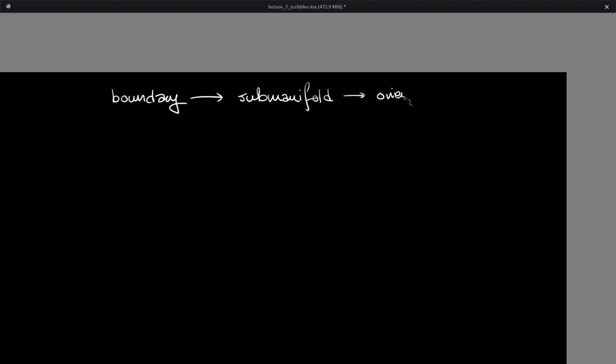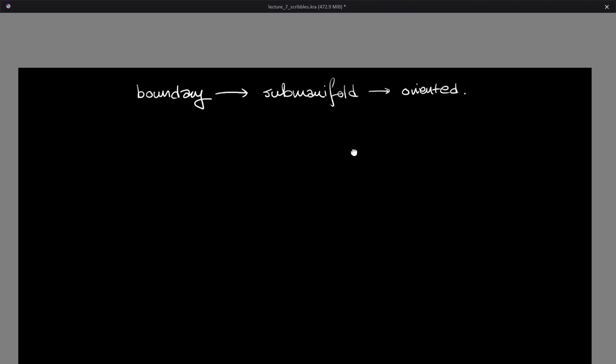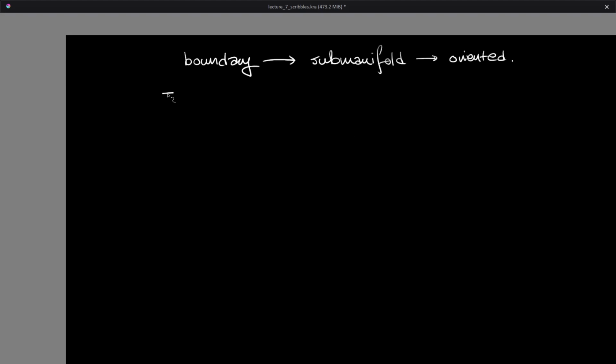It has to be an oriented submanifold. And what we're claiming is that there's an induced orientation on the boundary.